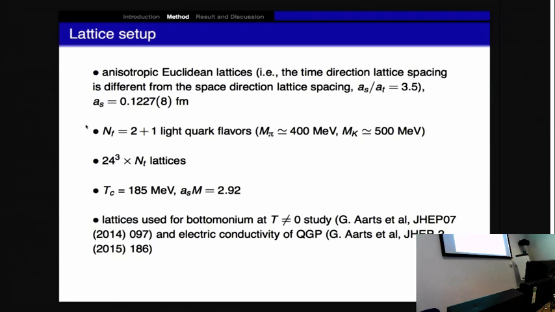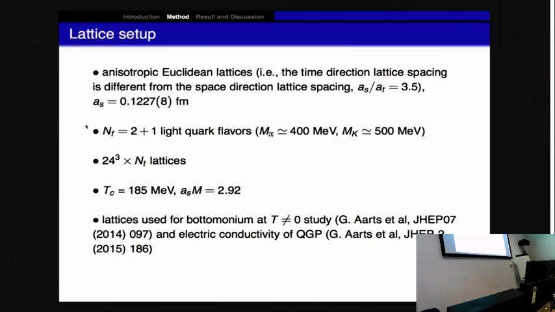All right, so how do we do this on the lattice? I know I'm a lattice guy, so I have to give these numbers. For your information, we are using the second generation FASTSUM configurations. It has 2+1 flavors, somewhat heavy pion and kaon mass, and the temperature is changed by changing the N tau time slices. So it's a fixed scale, so you just change N tau, and that changes your temperatures.